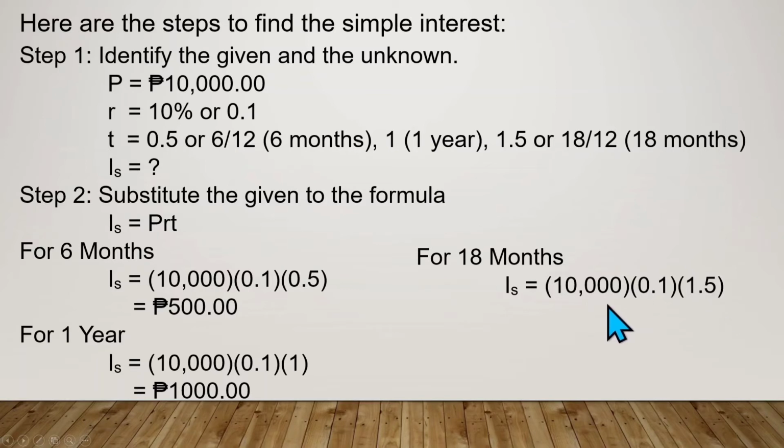And then you're going to perform the operation. So 10,000 times 0.1 times 1.5, we will have 1,500 pesos. So the simple interest in 18 months is 1,500 pesos. Get it? Okay, next.